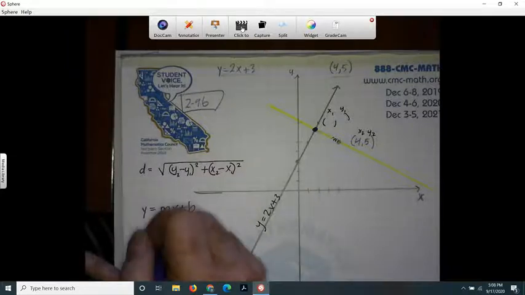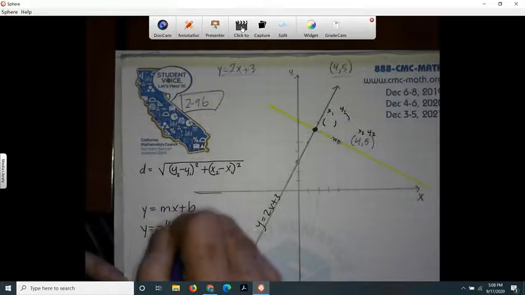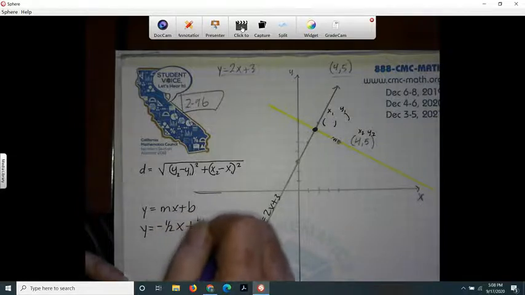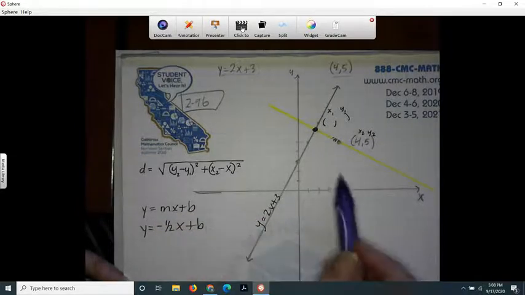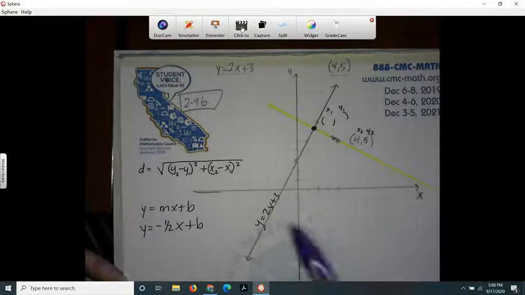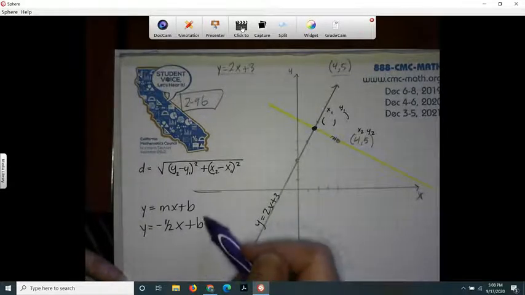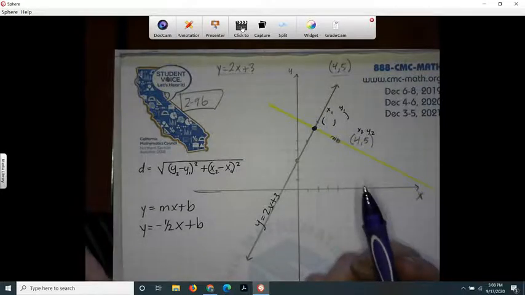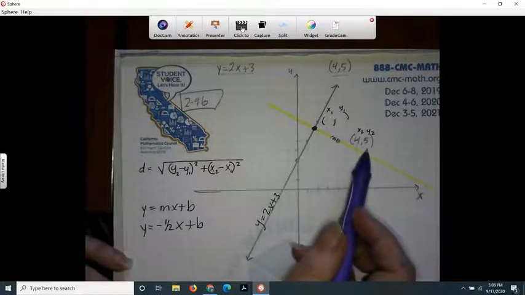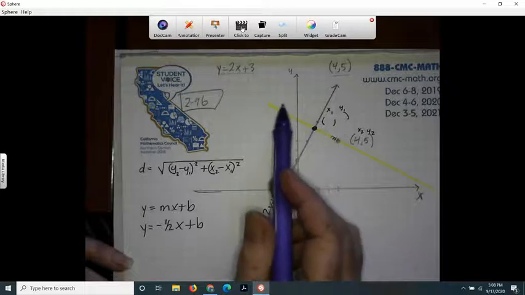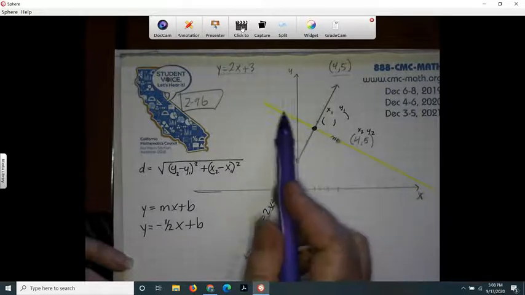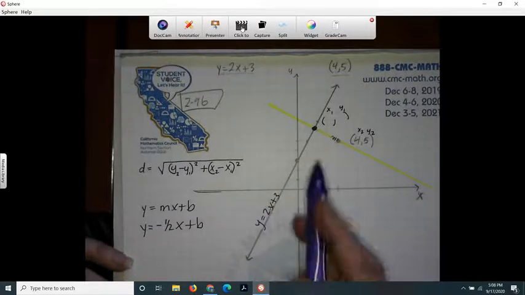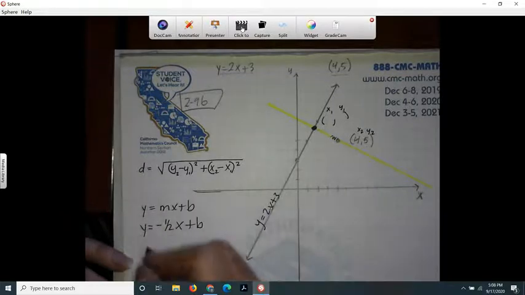So we're going to have that, and then we don't know what b is. It looks like it's up here somewhere. So we'll find it by plugging in an x and a y. The only x and y that we have is (4, 5), and it does happen to be on our yellow line, which is the perpendicular line. So that's a y number, so I'll put that in for y.